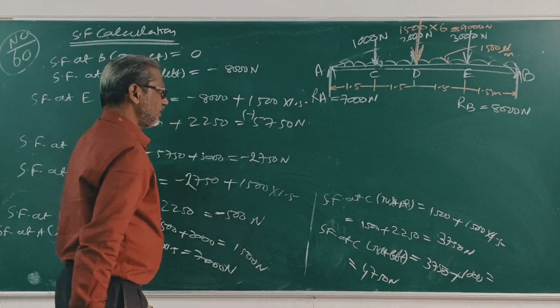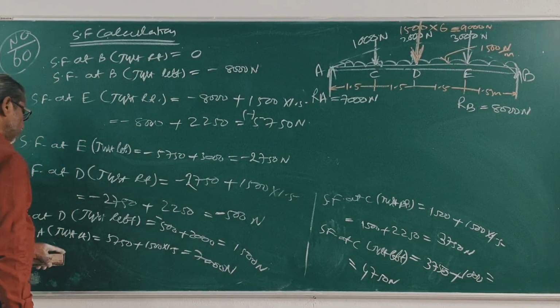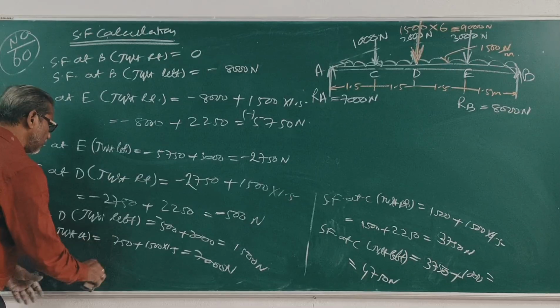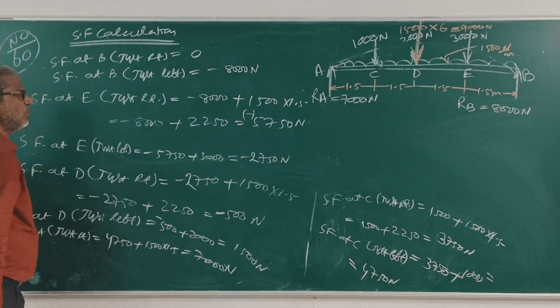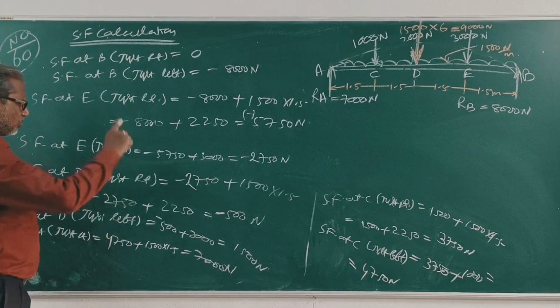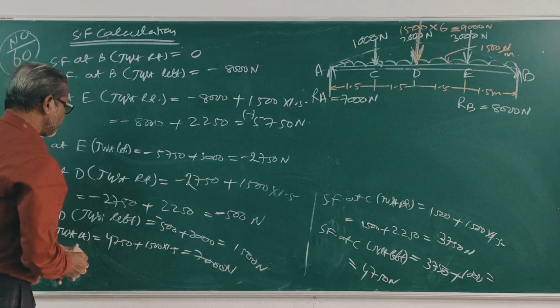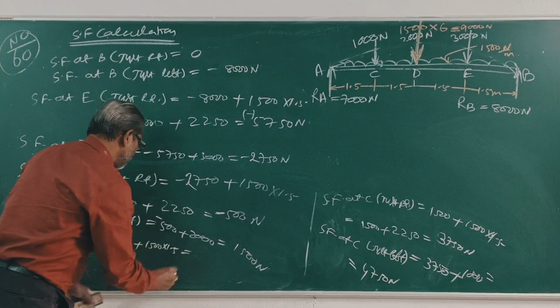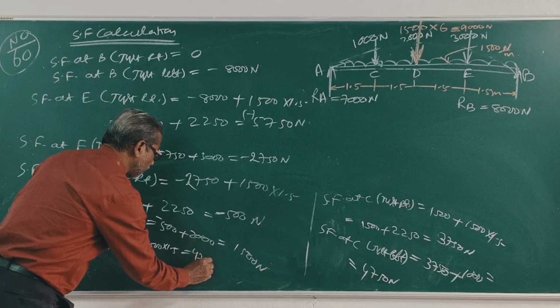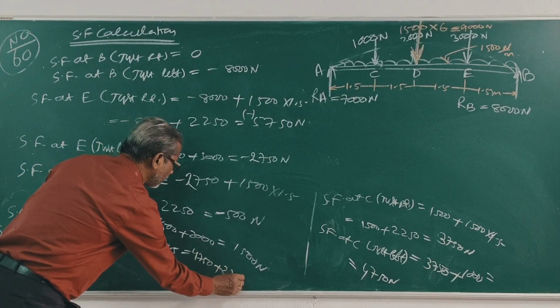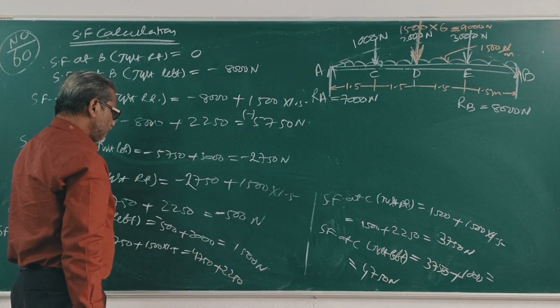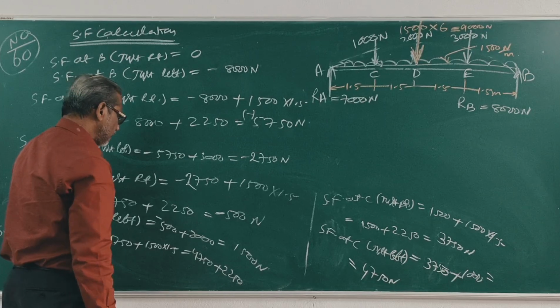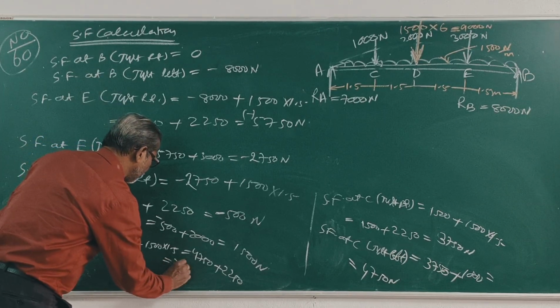Right? A right: 4750 plus 1500 into 1.5 is equal to 4750 plus 2250, is equal to 7000 Newton.